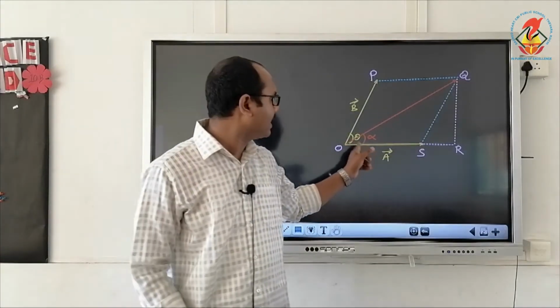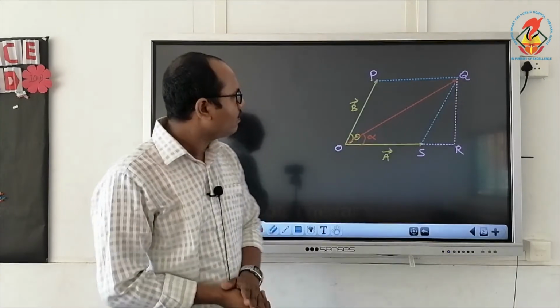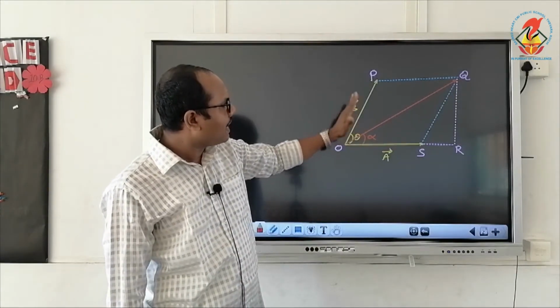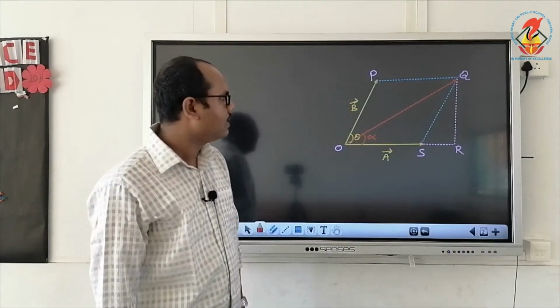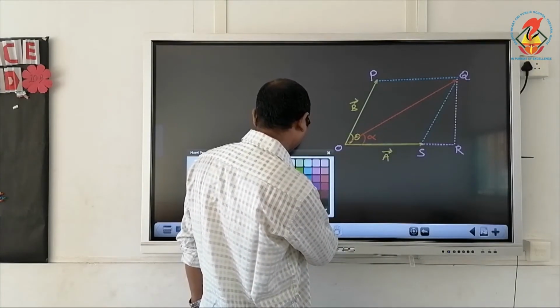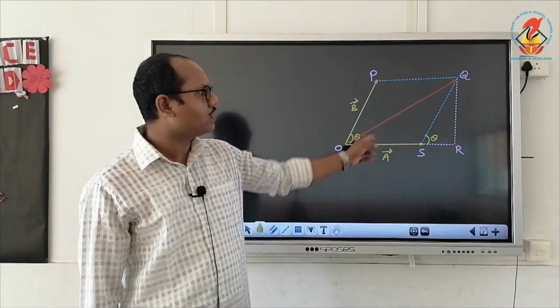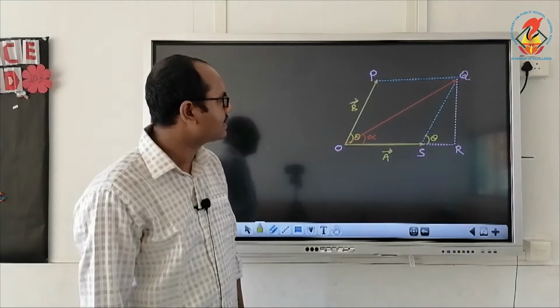The angle between vector A and vector B is theta. If the angle between vector A and vector B is theta, then this angle will also be theta, because both of them are corresponding angles.